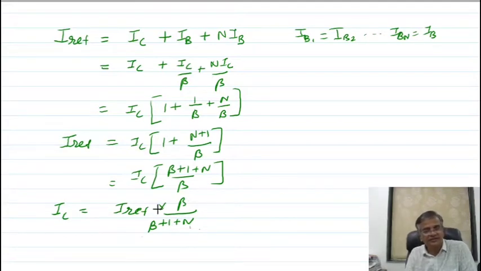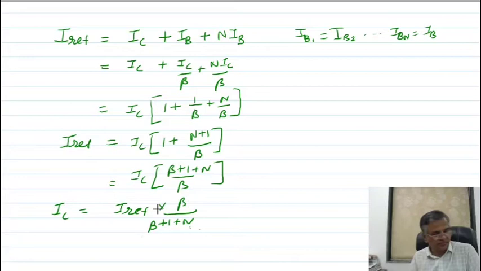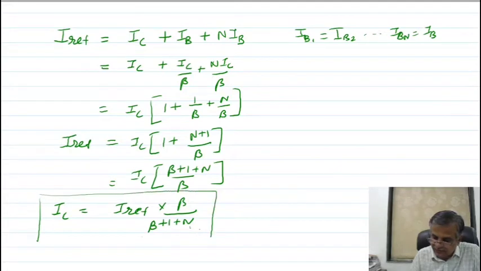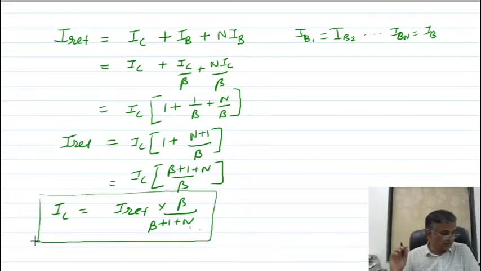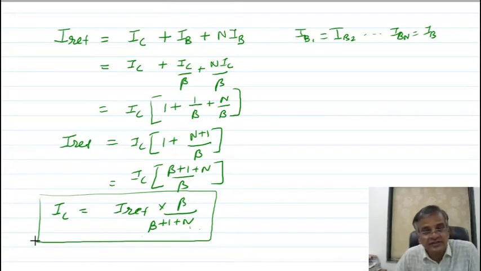It is just a modification of the current mirror circuit. So this is the equation of current repeater. If N is 1, you will get the equation of the current mirror. See your previous lectures: IC is equal to I reference beta upon beta plus 2.